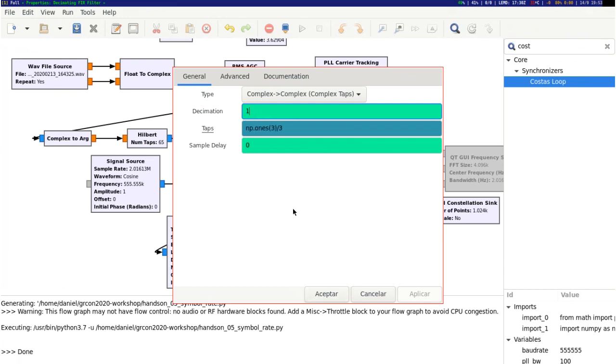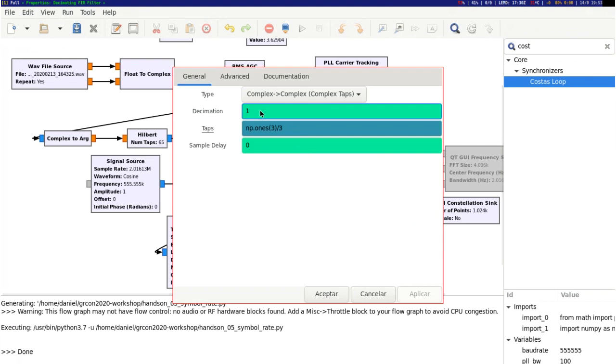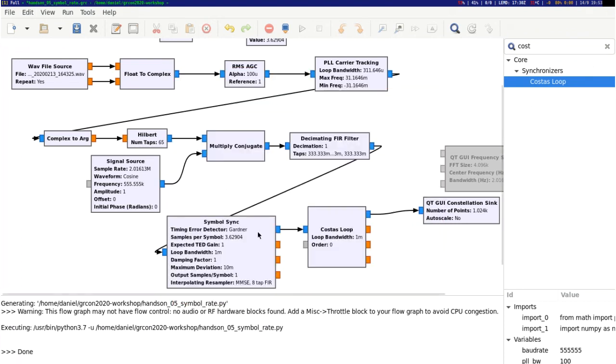The reason I'm using the decimating block is because there is no plain FIR filter block inside GNU Radio. There is either a decimating block or an interpolating block, but we can use any of those with decimation or interpolation equal to 1 to achieve a simple FIR filter.